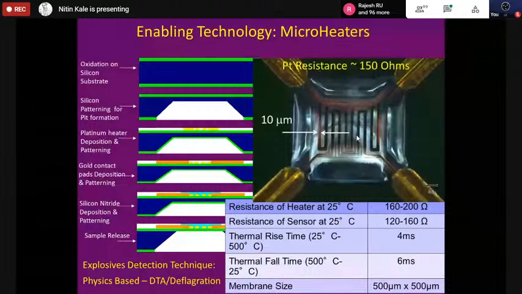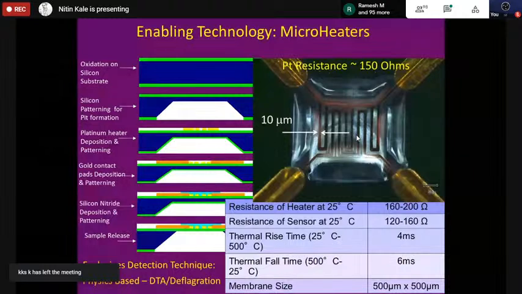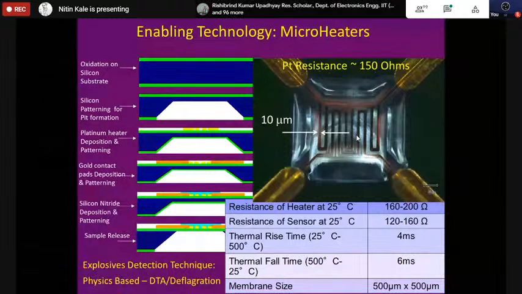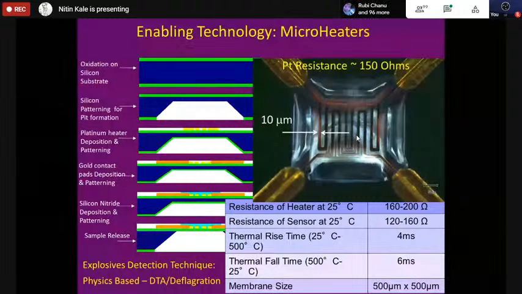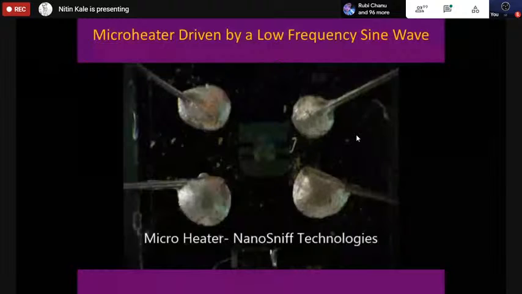If you are monitoring the resistance, you can measure the temperature. So that is the basic technology. The advantage is that you can go from room temperature to high temperature, about 500 degrees Celsius, very fast, in a few milliseconds. And this is what we exploit in microheaters.